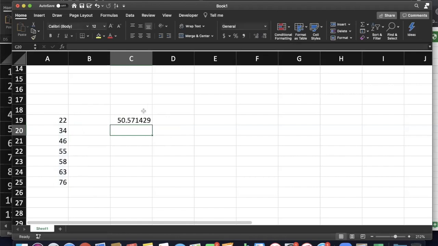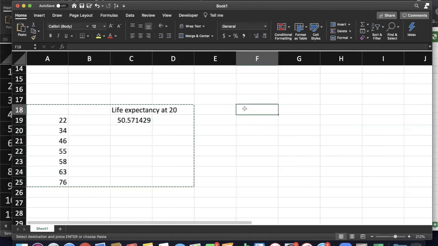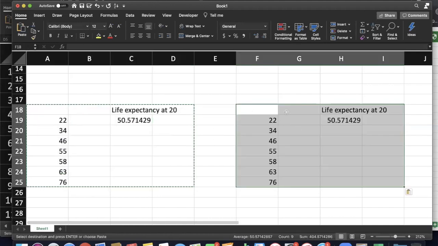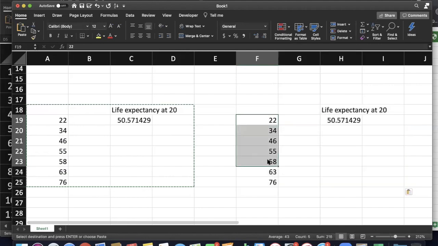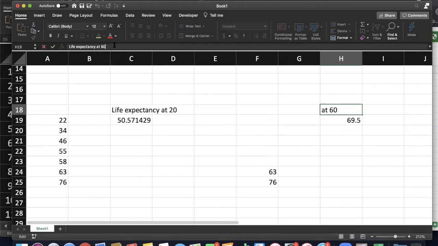So this is the number you should have got if you do the life expectancy at 20. And I can do that same concept again. But if I take out everybody who didn't make it to 60, then the life expectancy at 60 is 69.5.